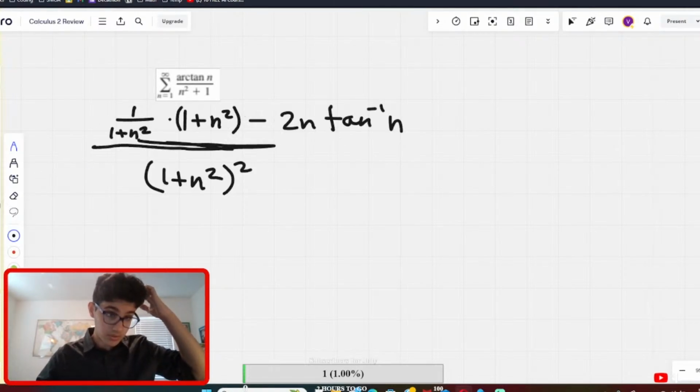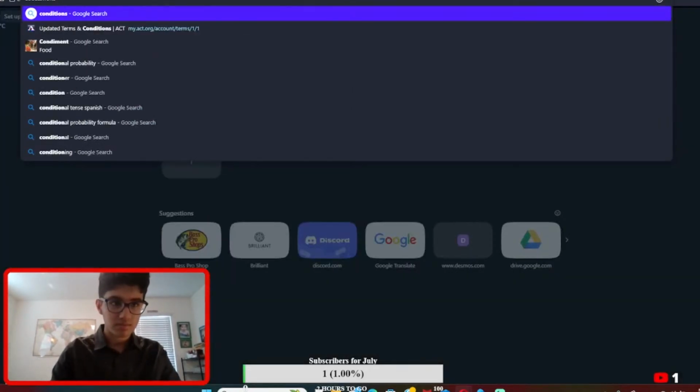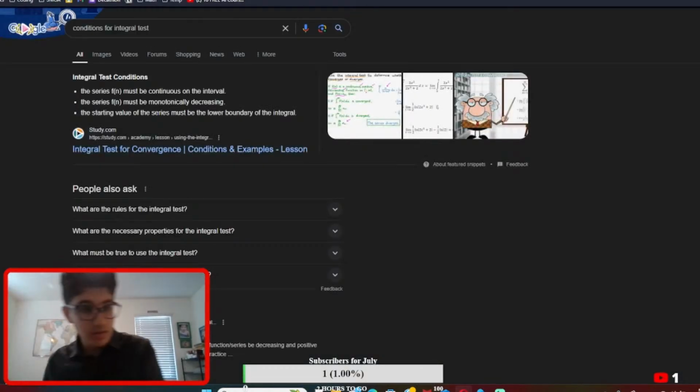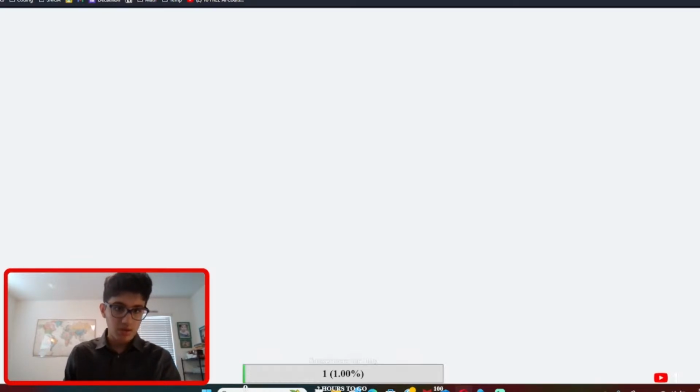The derivative is always negative. It's continuous, and what's the other condition? Let's just Google it. Continuous, monotonically decreasing, and the starting value of the series must be lower than the boundary. Fine.